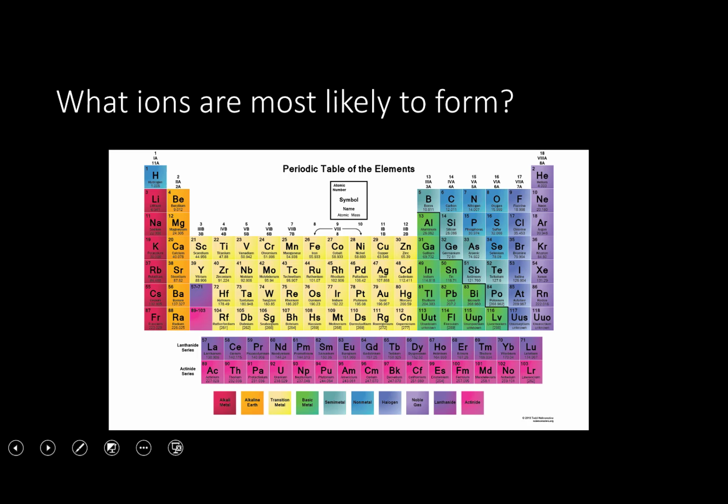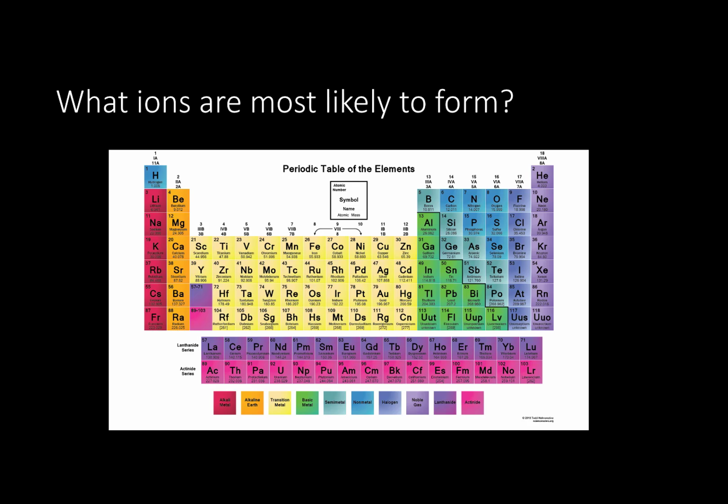All right, what ions are most likely to form? Now, this is interesting. It's something that is not a random thing. I know to this point it seemed like we essentially just say, okay, if an atom gains an electron, what charge would it become? Or if it loses an electron, what charge would it become?